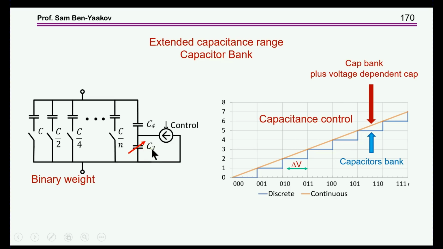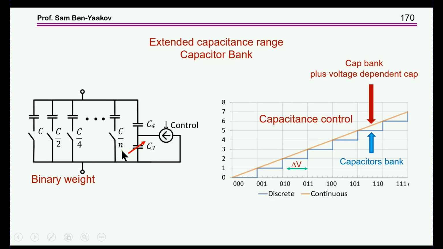Now, in some cases, you may wish to have a larger capacitance change than you can get from a given capacitor. Suppose you have a capacitor, but you want a much larger capacitance change. What can be done is to combine this idea of a voltage-dependent capacitor with a bank of switched capacitors.